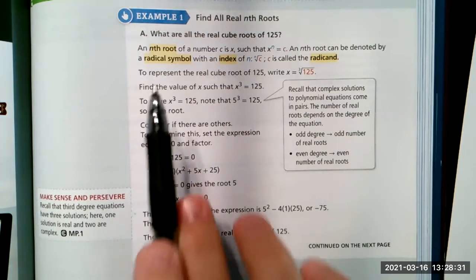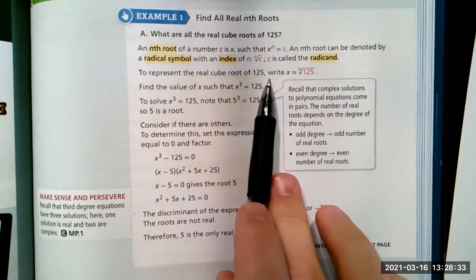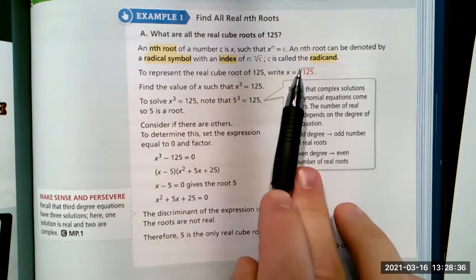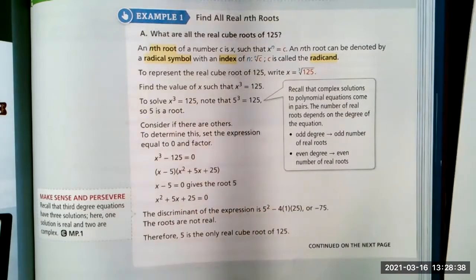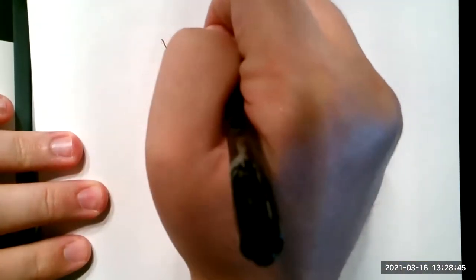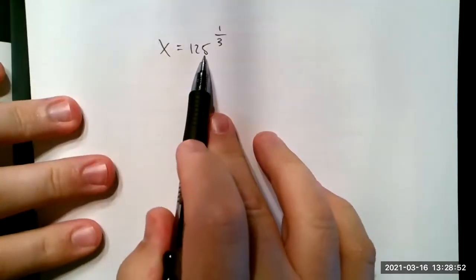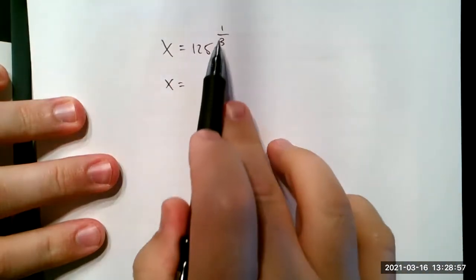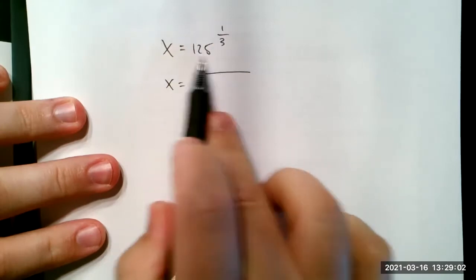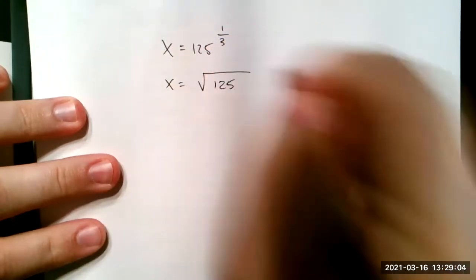So to represent the real cube root of 125, write x equals the cubed root of 125. Again, you could write that as x equals 125 to the 1/3 power. It's the same exact thing. Doesn't matter how you write it. Just know that you can go back and forth. So if they give you a problem like that, don't stress. It's basically saying the same thing as x equals, I've got my root, 125 will be my radicand.